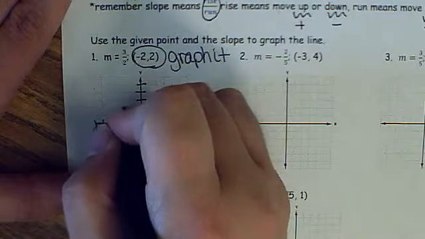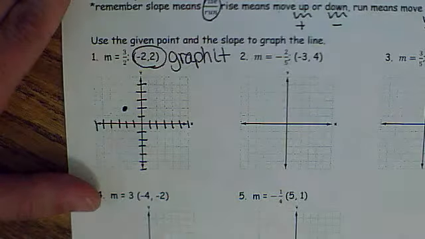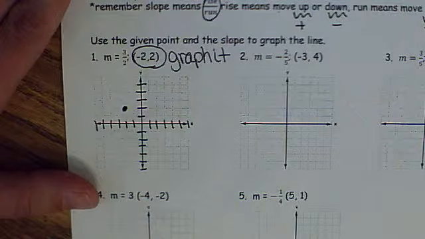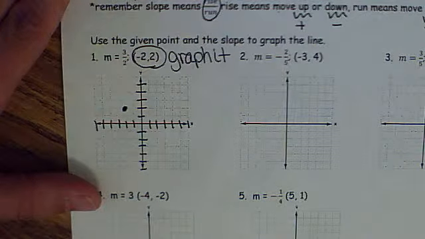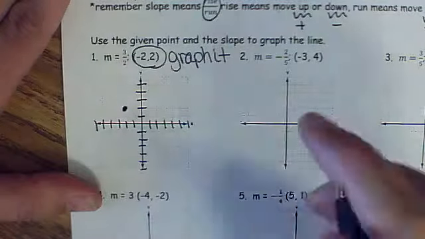Negative 2, 2 is right there. So I plotted the point, and now I focus on my slope.